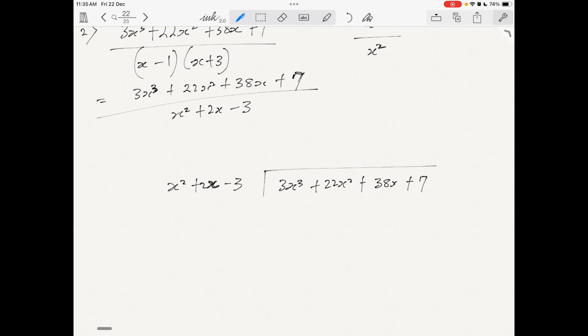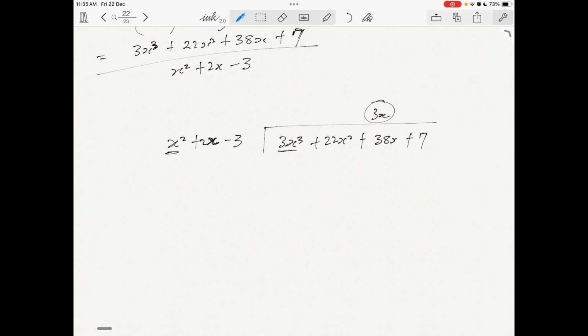Okay, now as usual, the first thing to do is to divide the first term of the dividend by the first term of the divisor. So we have 3x cubed divided by x squared, so we are left with 3x there, and then we multiply our answer, 3x, by the whole of the divisor.